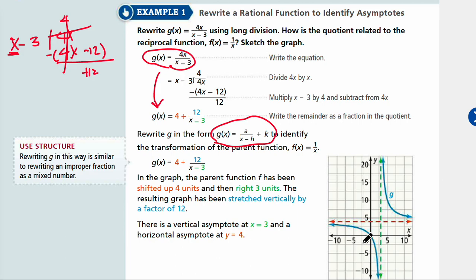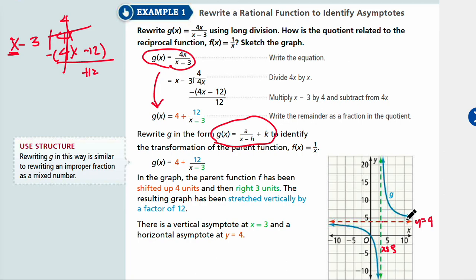We're going to shift it up 4 units and right 3 units. So our asymptotes are no longer at x equals 0 and y equals 0. Instead, our asymptotes are at y equals positive 4 and x equals positive 3. And not only that, we're going to stretch it vertically by a factor of 12.